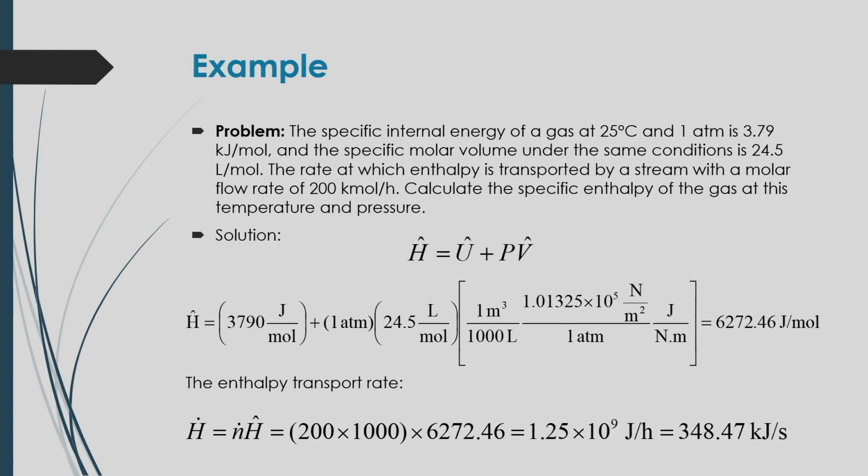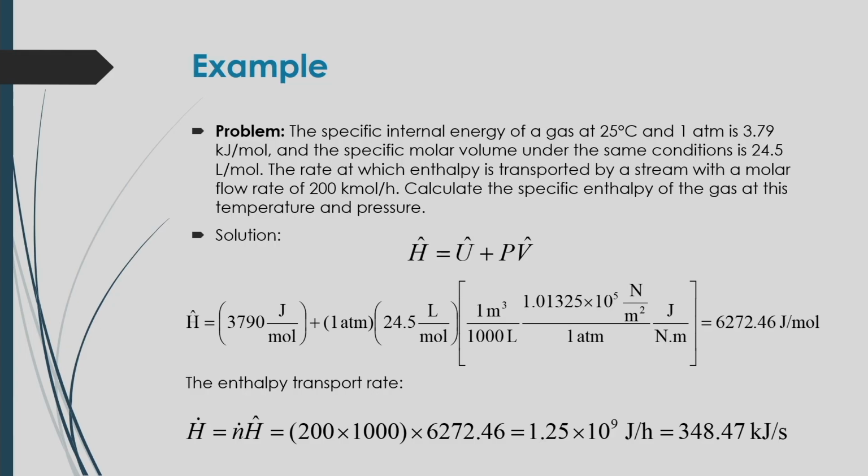The specific internal energy of the gas at 25 degrees Celsius and 1 atmosphere is 3.79 kilojoule per mole, and the specific molar volume under the same condition is 24.5 liter per mole. You have to calculate the rate of enthalpy transported by this stream because of this internal energy and this pressure or flow energy.